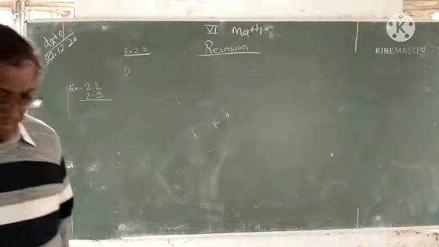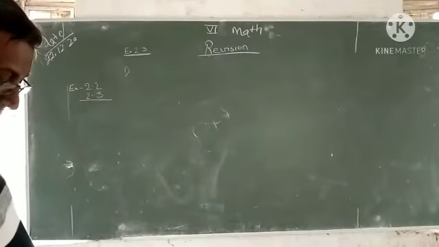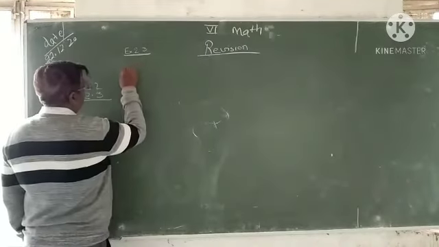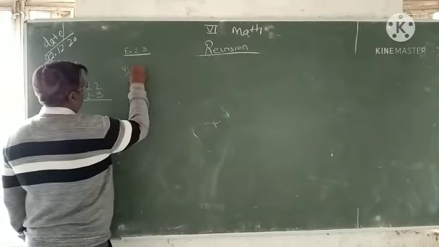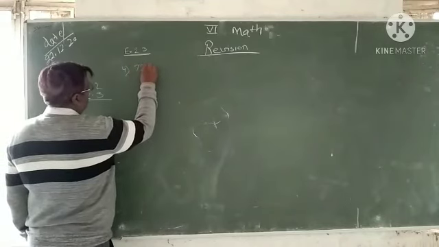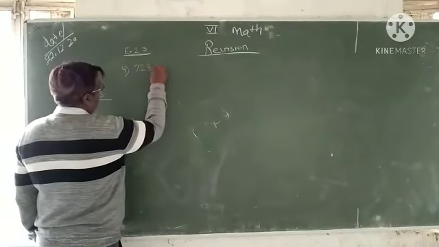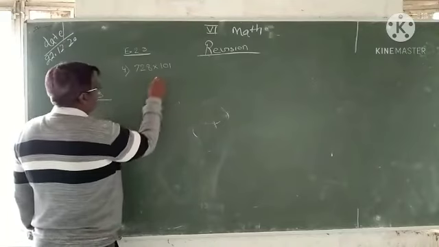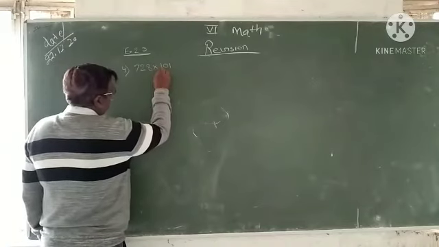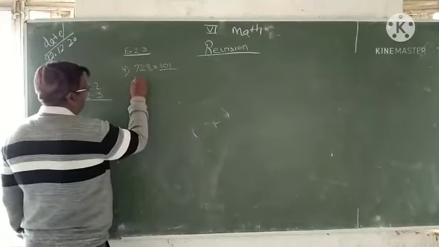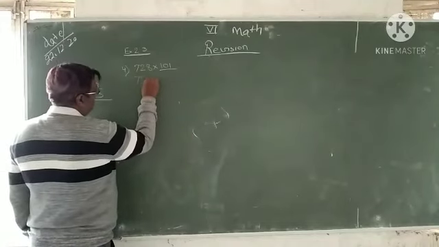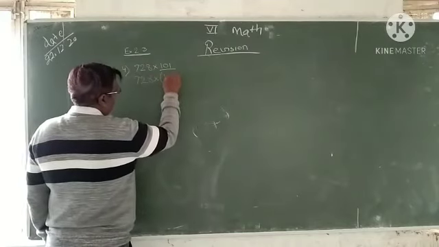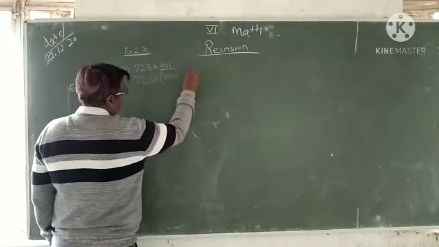The first number is 728 into 101. So let's try to break the number 101 into 100 and 1.